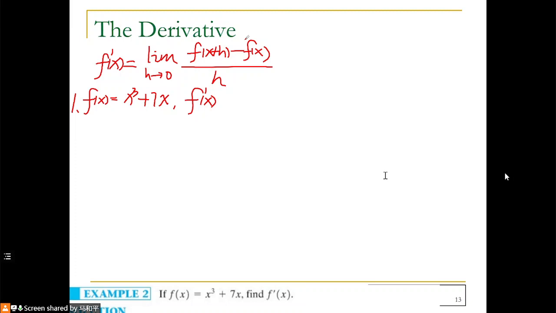You can take a picture to send. The derivative of x to the power n is n x to the power n minus 1. Have you learned it before? 14.